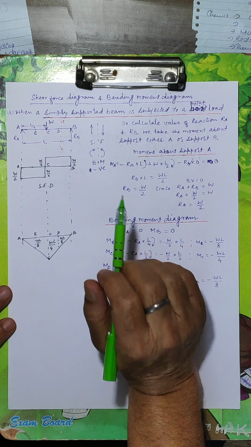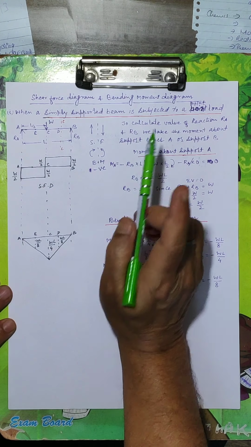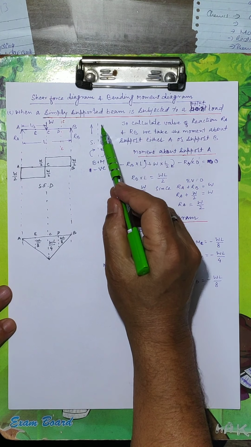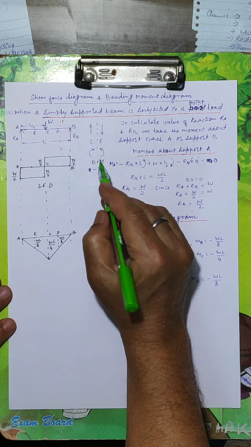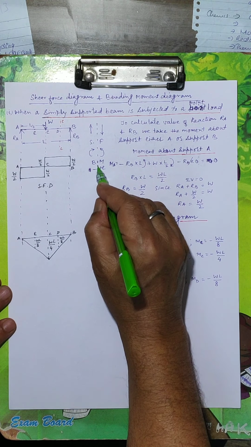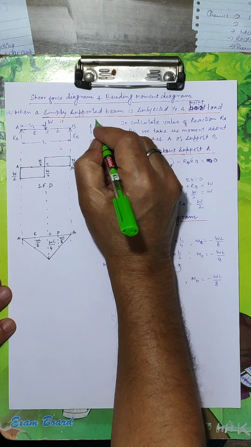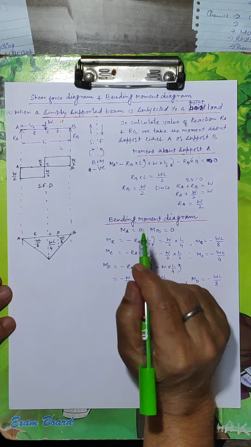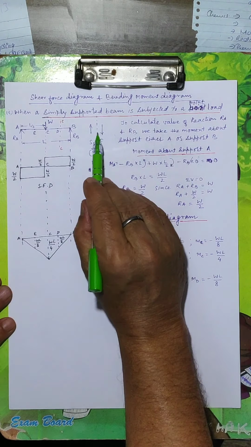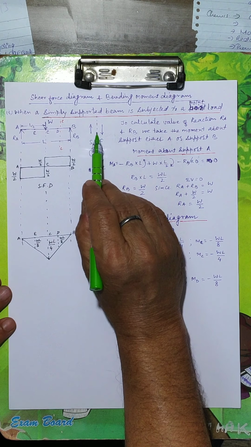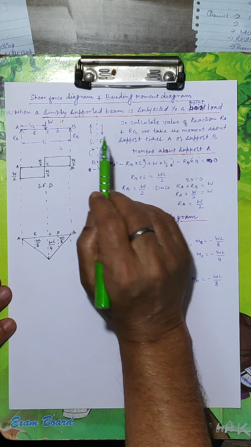To solve such problems, the first step is that we should draw the sign convention. This dotted line shows the section. For shear force, section left side upward and right side downward is taken as positive; the opposite will be taken as negative.